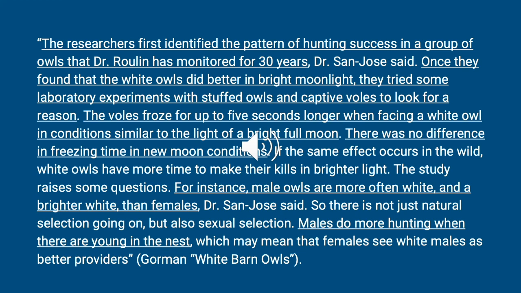What impact does this have on white barn owls and their ability to breed, on their ability to find food, on their ability to feed their young? Why is this information important? And how can we unpack this information further? What is its significance, in other words?